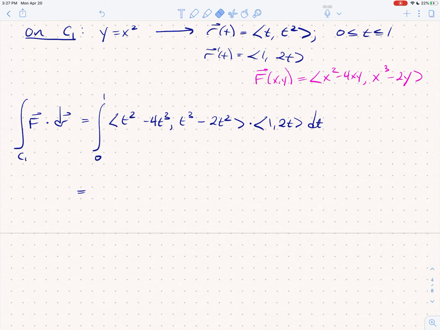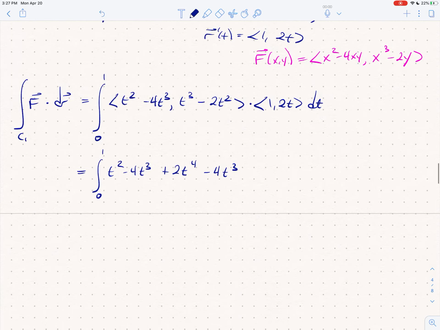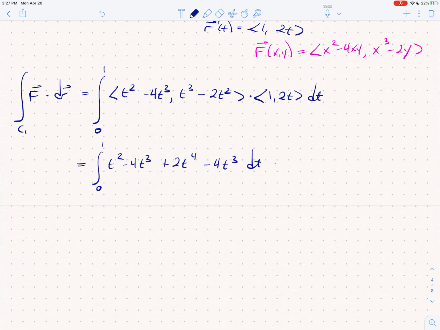and you should end up with, well, let's just work it out together here, actually. If we take the dot product, we're going to get the integral from 0 to 1 of t squared minus 4t cubed, that's times 1, plus 2t to the 4th minus 4t cubed, dt.